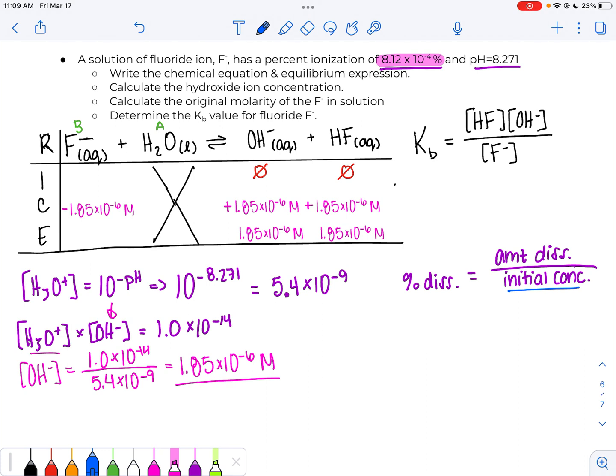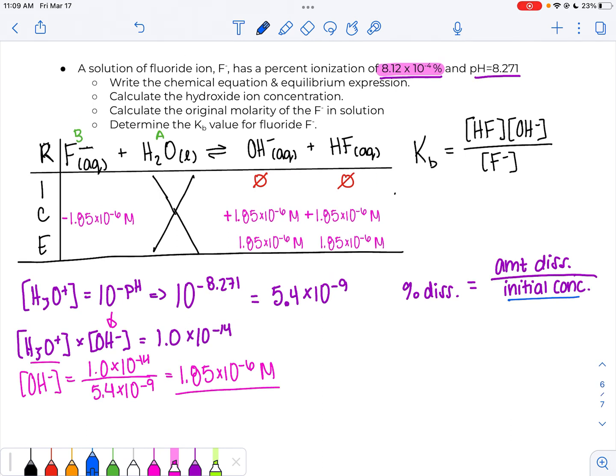My amount dissociated is my change number. It's my final equilibrium. So I changed by 1.85 times 10 to the negative 6 molar. That's my amount dissociated. Do I know my percent dissociation? Yes, I'm given that in the problem. All right. So do some quick little algebra, and I end up with my amount dissociated divided by my percent dissociated is going to equal my initial concentration.